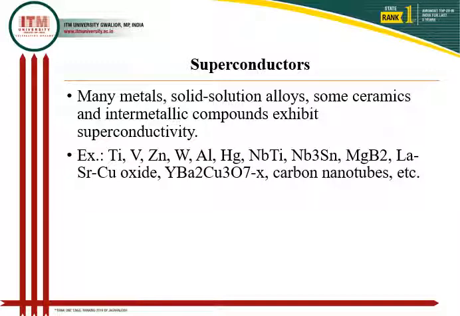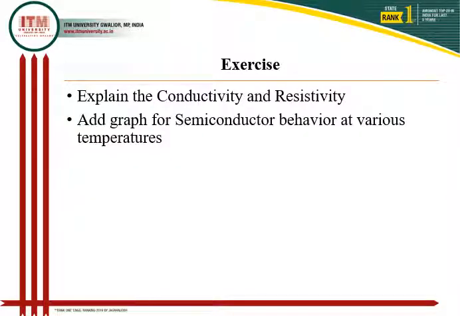In this lecture, we have just introduced how materials came into the picture with different properties, with extraordinary properties. Two exercises I have given here. One is to explain the terms conductivity and resistivity, keeping in mind semiconductors and conductors, how these terms came into the picture and what is the significance of these two.